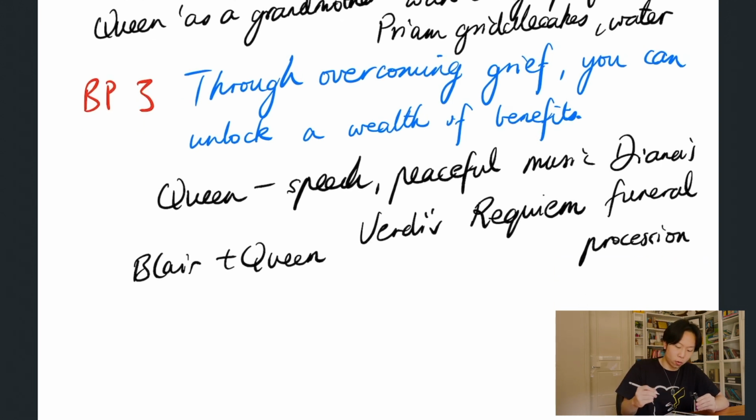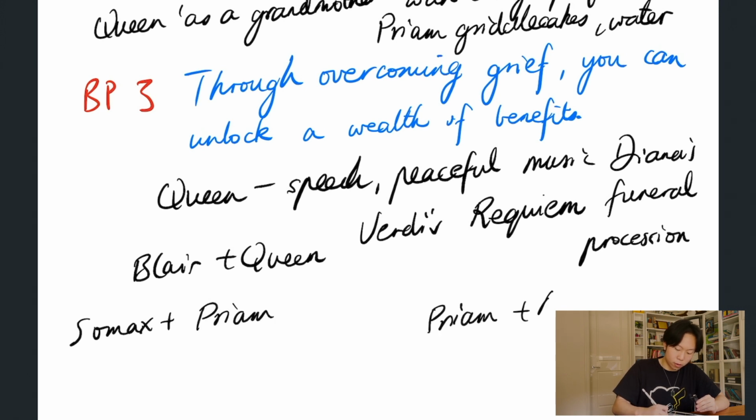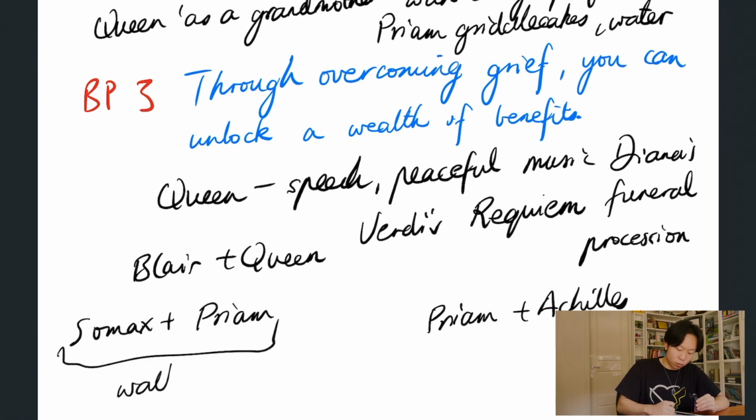And finally, for Ransom, you would have either Somax and Priam, or Priam and Achilles. So these two guys, you have them walking back, and it's just a really peaceful scenery.